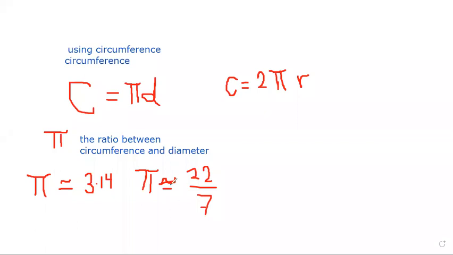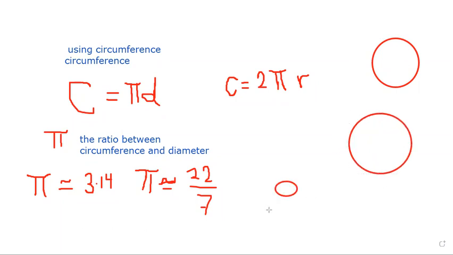Number one, we have a circle with diameter 5.9. Please open your book, page 269. Yes, I opened it. Look at the first three questions.